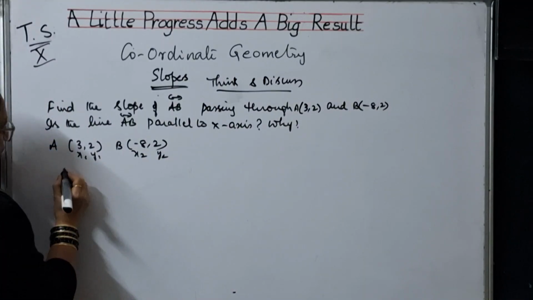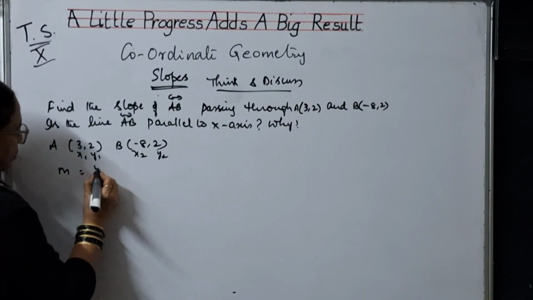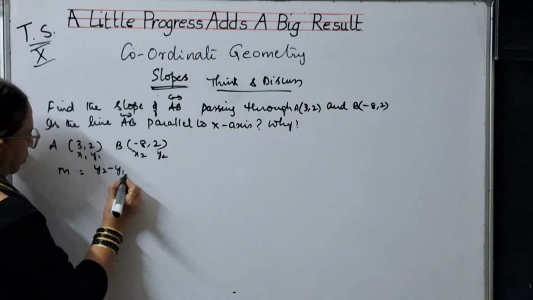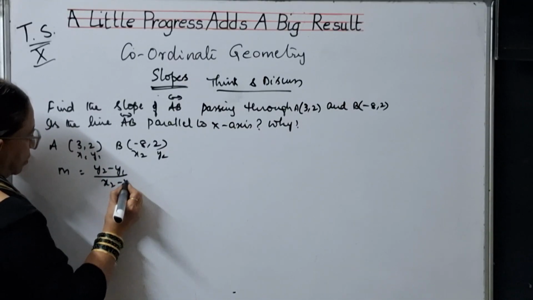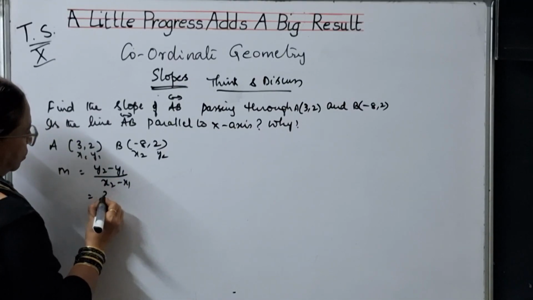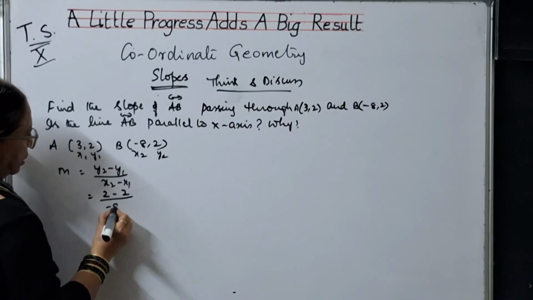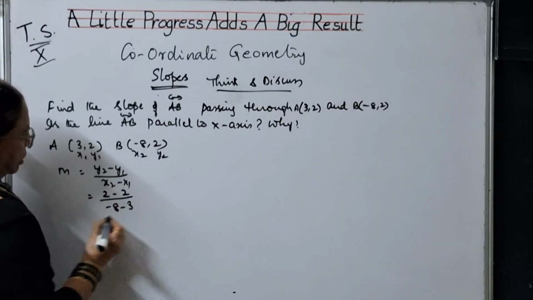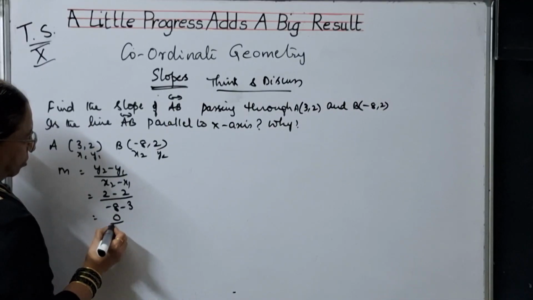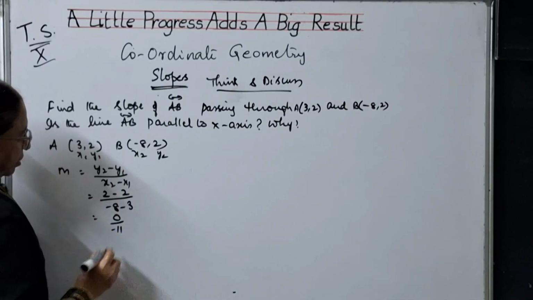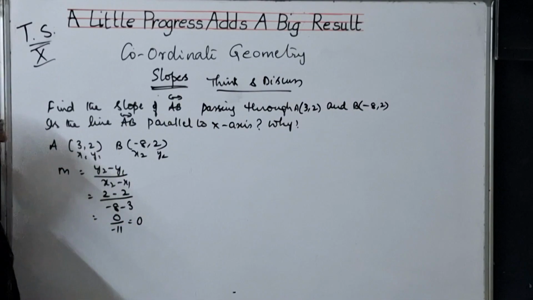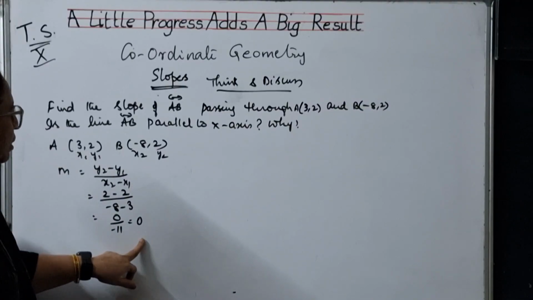Now, see, slope m is equal to y2 minus y1 by x2 minus x1. So y2 is 2 minus y1 is 2, by x2 is minus 8 minus x1 is 3. That is 0 by minus 11. This is nothing but 0. You have got the slope value as 0.